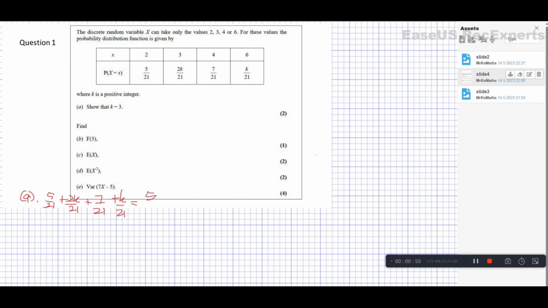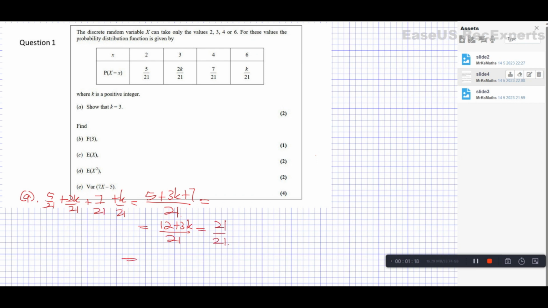So that should be 5 plus 3k plus 7 over 21, which is 12 plus 3k over 21, and this is equal to 21 over 21.